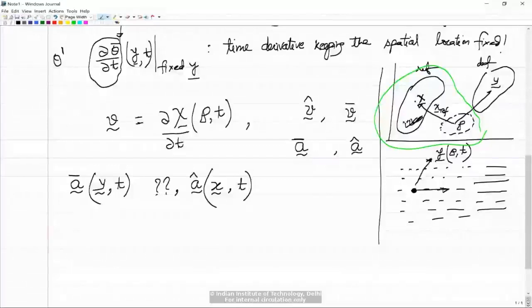They are supposed to denote acceleration. So when I say acceleration at a spatial position y and at time t, what does this mean?